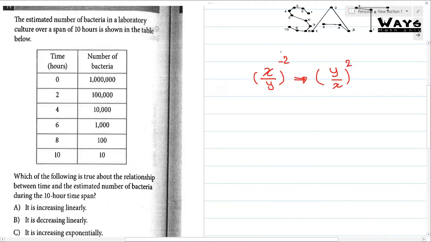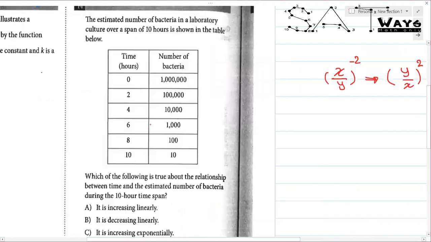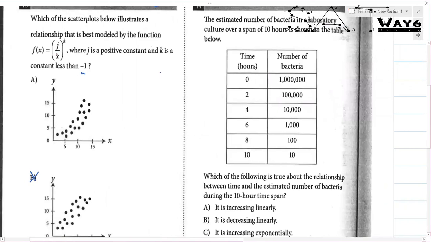So the negative just takes the reciprocal of the fraction. So it's obviously increasing, not decreasing, because j is a positive constant and x is positive, and the negative power will make it the reciprocal. So it's obviously increasing.